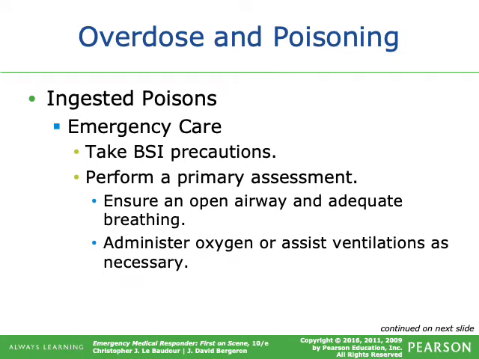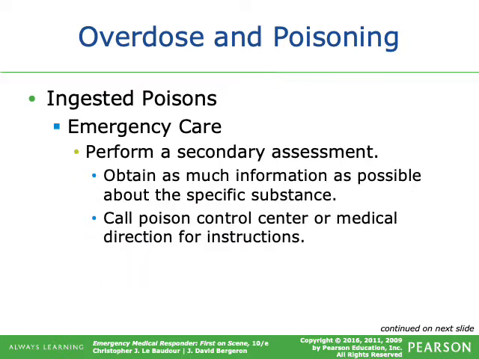So when you're caring for somebody that's ingested a poison, you're always going to take your BSI precautions, ensure the scene is safe as well, perform a primary assessment, ensure an open airway and adequate breathing, administer oxygen or assist ventilations as necessary.